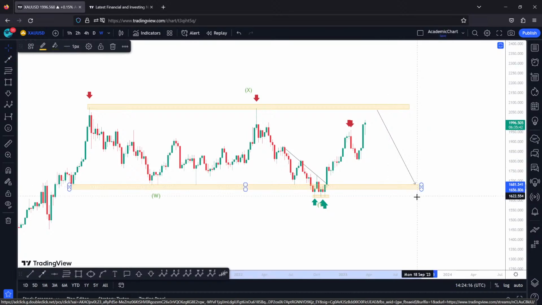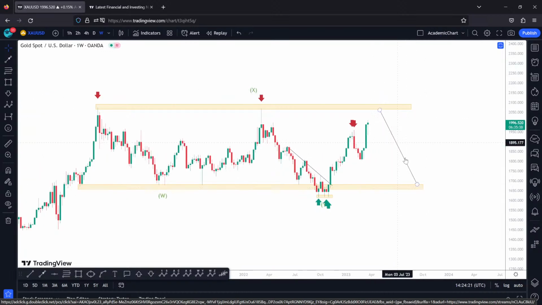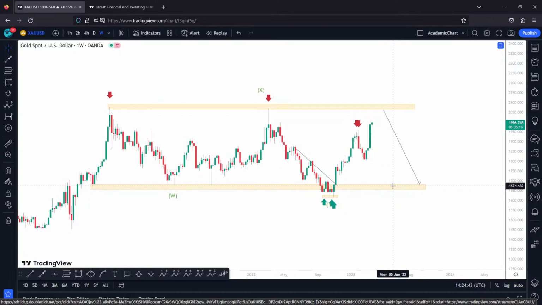It is not going to invalidate the idea of having our third combo corrective structure to continue the W, X, Y, X, and Z. So as the long term, it is also more possible, I guess, to see a reversal back to the bottom of this range market or channel or flat or anything you want to call it.